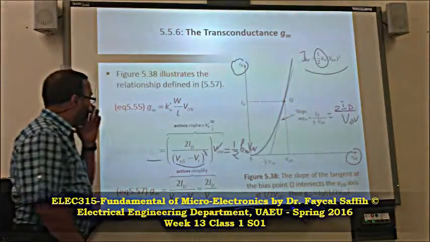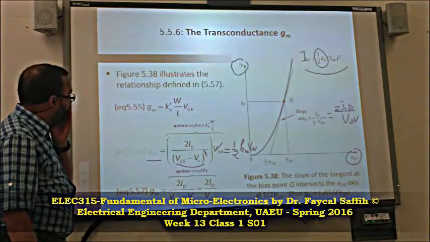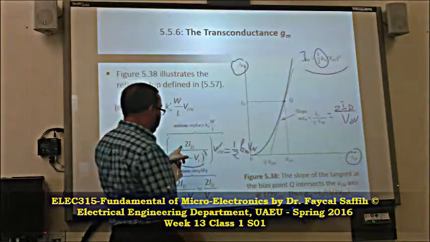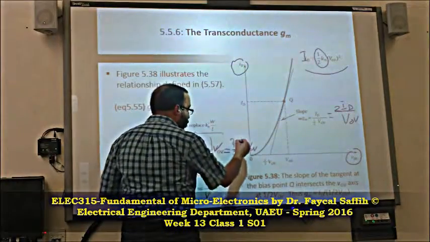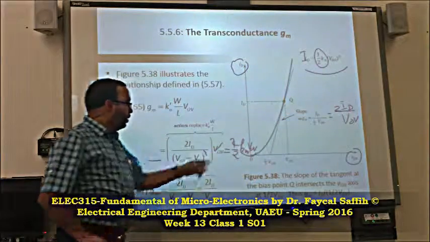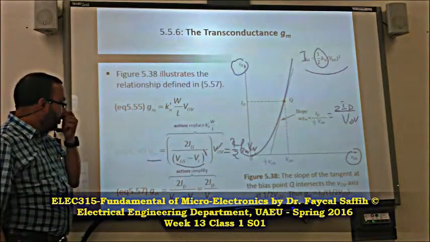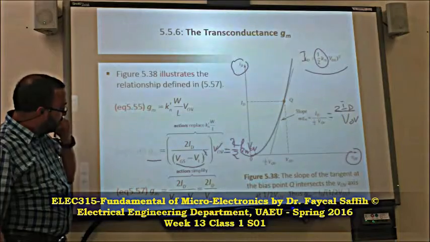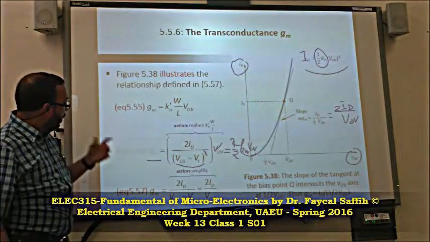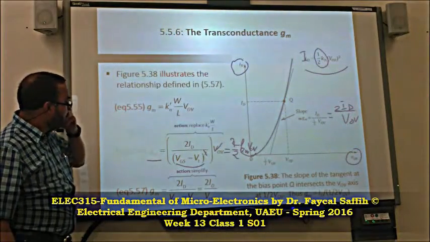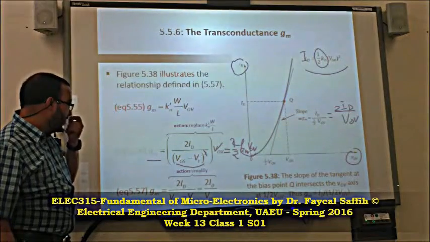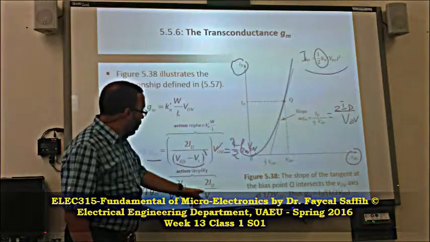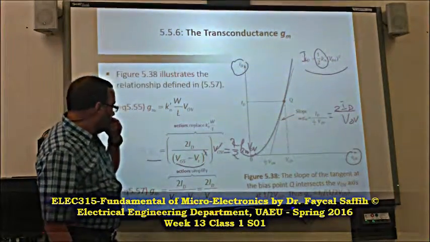But there's a times 2 here. When this is times 2, we get the same gm like we did last time. But the purpose of doing it this way is actually to arrive at this same equation, which is 2ID.